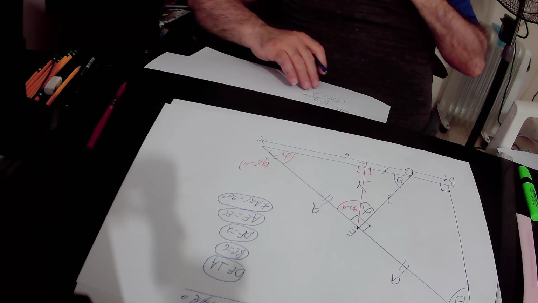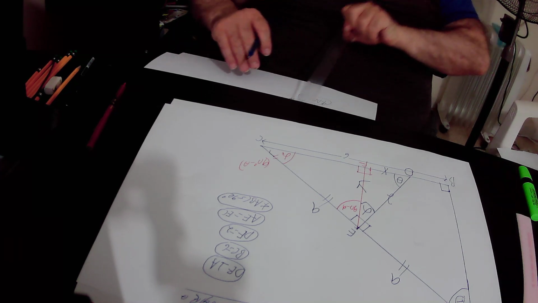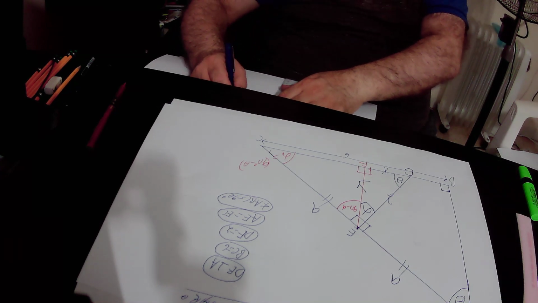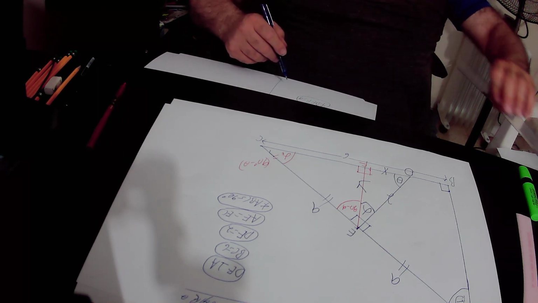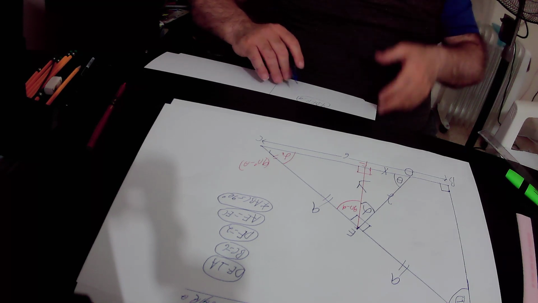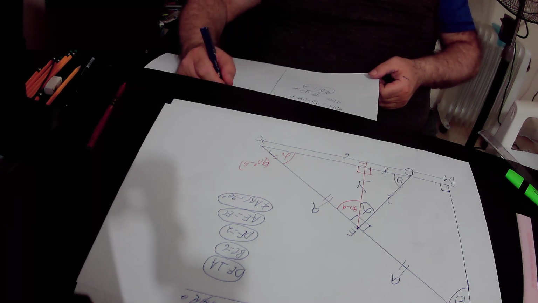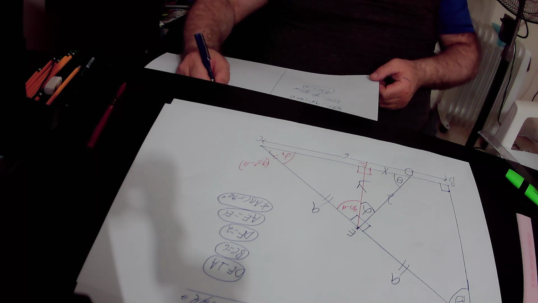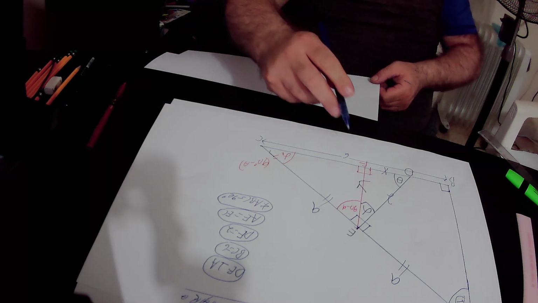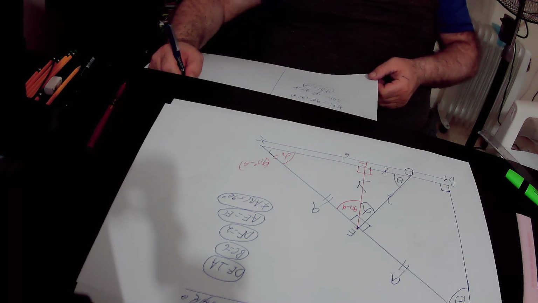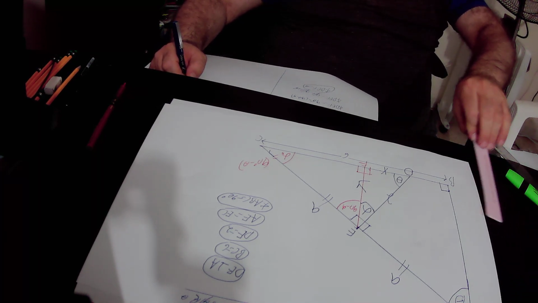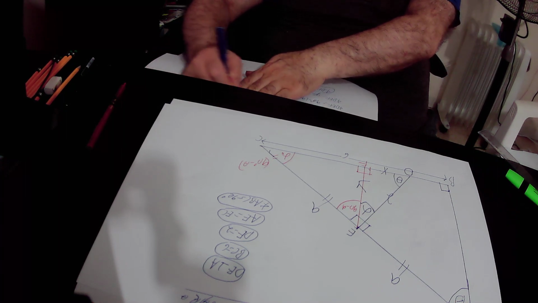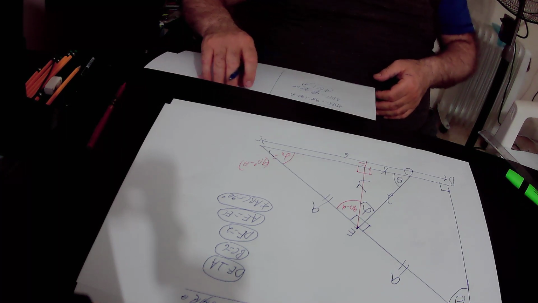So here, we will prove that the big right triangle ABC is similar to the small right triangle FEC. So why are those two triangles similar to each other?